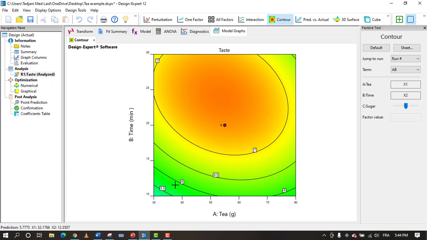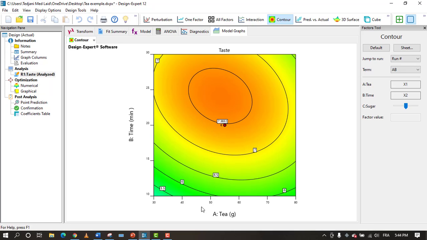For example, in this case, increasing the time from 10 to 30 has increased the taste significantly. The taste has increased from 5.5 to 7.3, which is a huge effect.